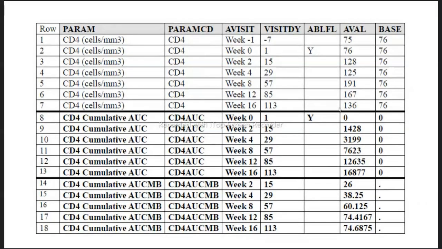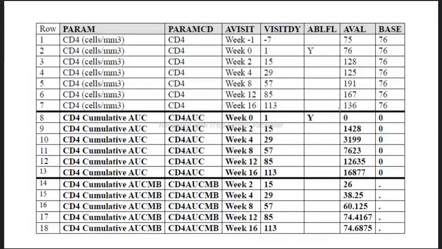So in this scenario, we use the current eval value and the previous eval value to create an accumulation variable. Here, can you see we have two parameters, CD4 cells in millimole per mm cube, and CD4 cumulative AUC. Now, by using these two, I'm going to create a new parameter, CD4 cumulative AUC MB.